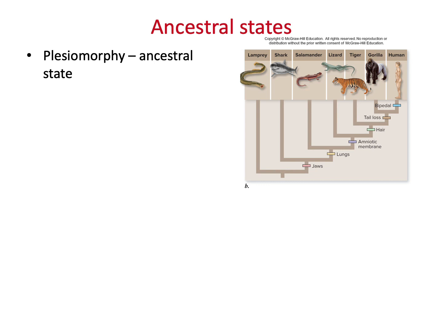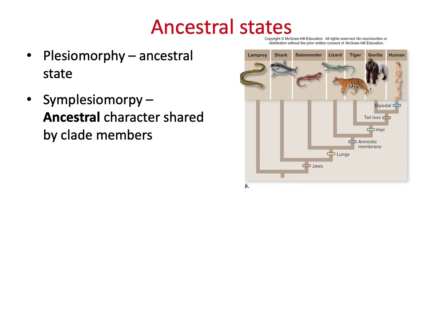So now we are going to look at plesiomorphy. In a cladogram, ancestral states are called plesiomorphies. Ancestral states shared with the clade members are called symplesiomorphy. Earlier we talked about shared derived characters. Now we are looking at ancestral states.